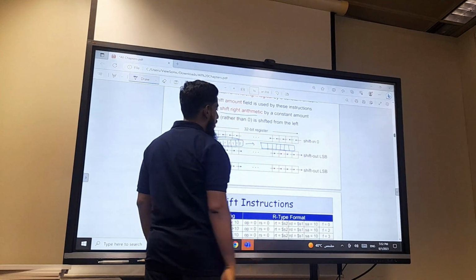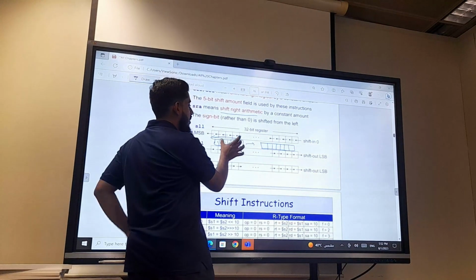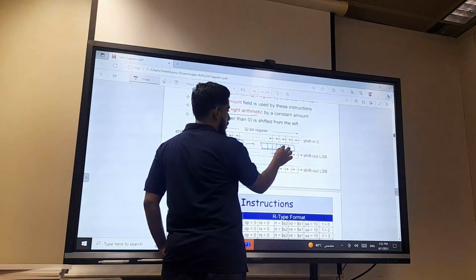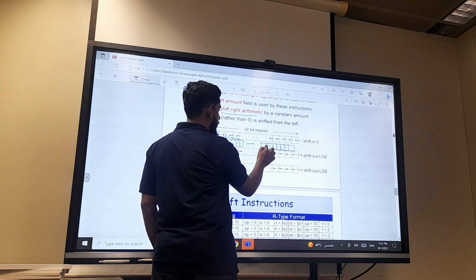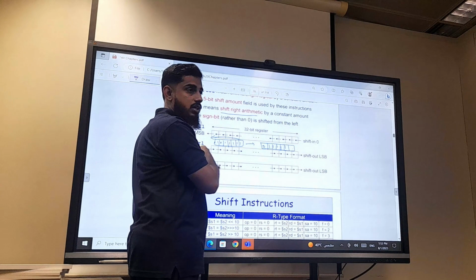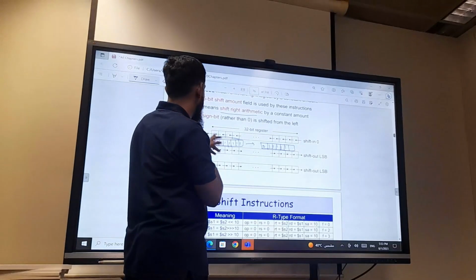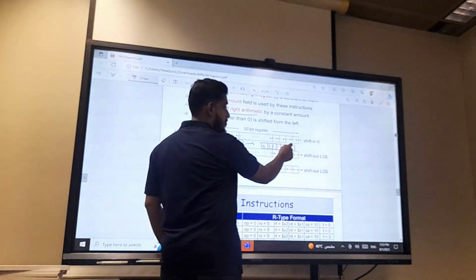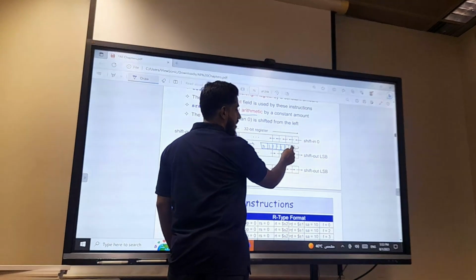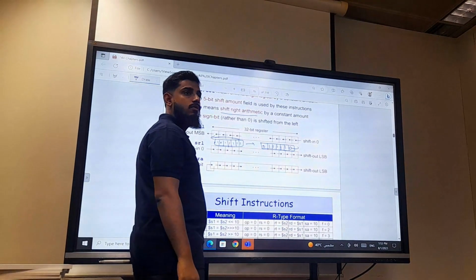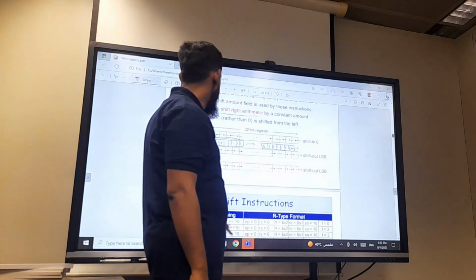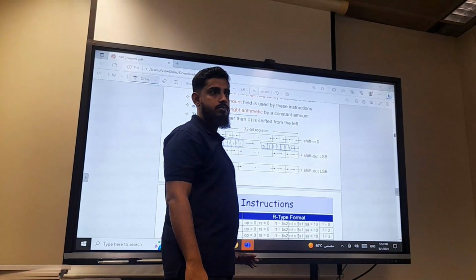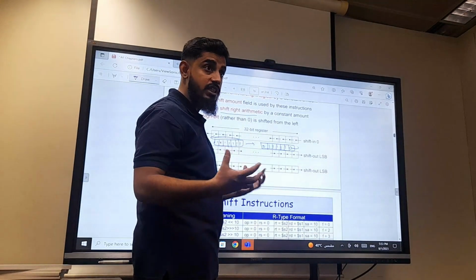These values are shifted one place left, so it will start from here: 1 1 1 1 1 0. This one is discarded because it's left shifted, and the empty place gets 0. Whenever you shift left, the least significant bit will always become 0. So this is our new shifted value. Got it? This is logical shift left.